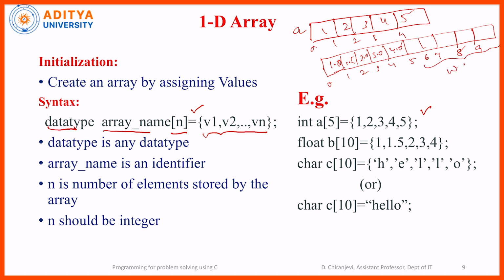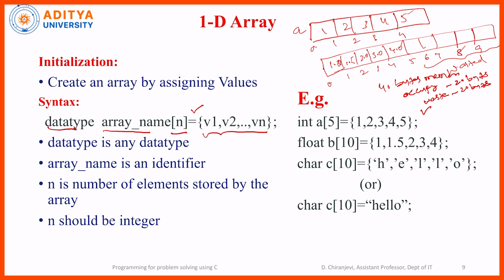How many bytes are wasted? You stored 5 elements, so 5 elements of memory are wasted. Float B of 10 allocates 40 bytes, occupies 20 bytes, and wastes 20 bytes.